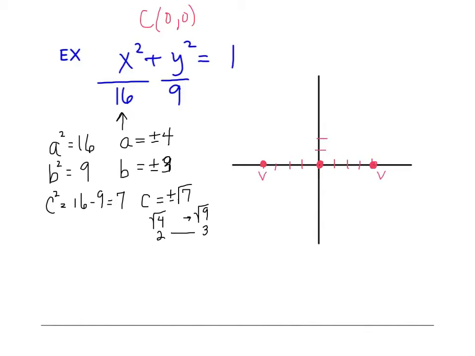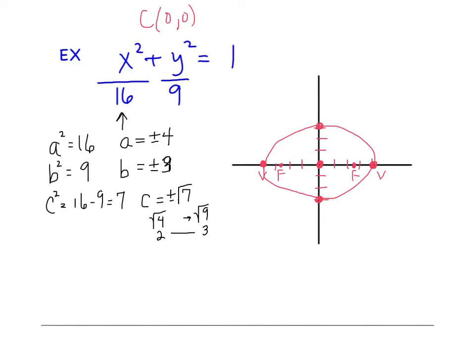The co-vertices are up and down 3. And I'm going to go ahead and draw in my ellipse. All I have left to do are the foci. It said somewhere between 2 and 3. So here's a focus. Here's a focus.